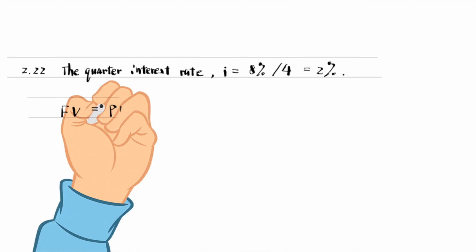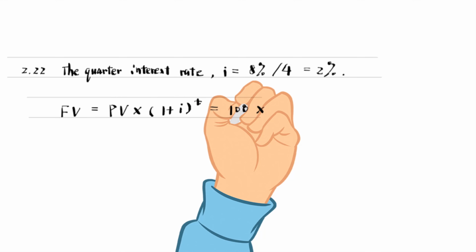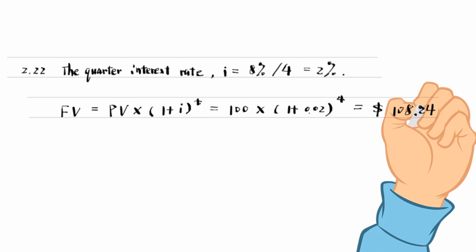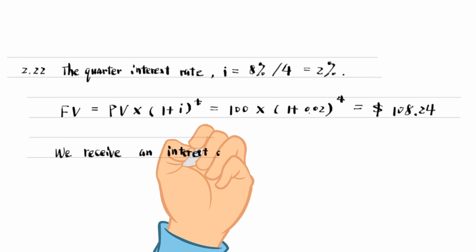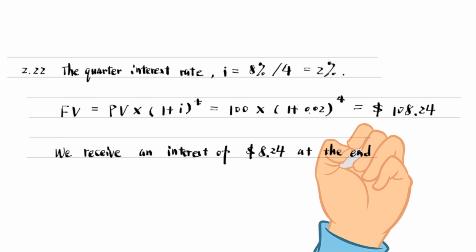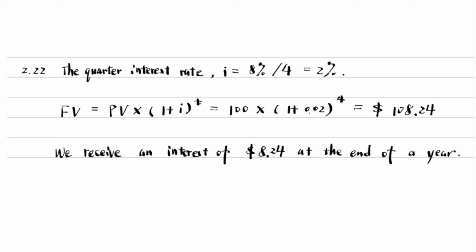We can calculate the compounded interest. We receive an interest of $8.24 at the end of the year. It is slightly higher than $8, which is the interest if it is compounded annually.